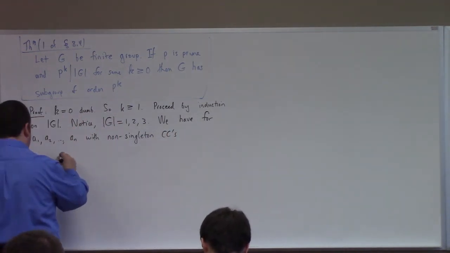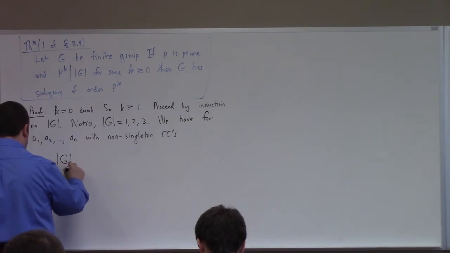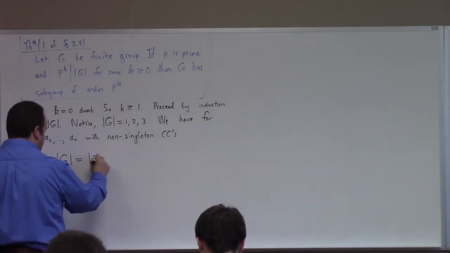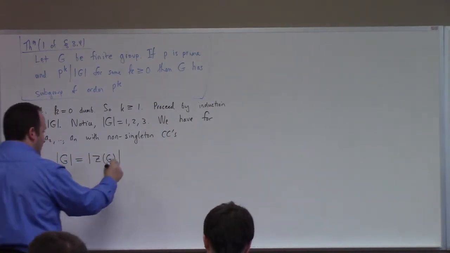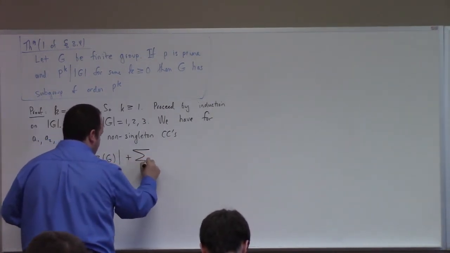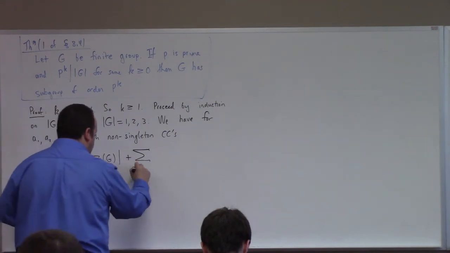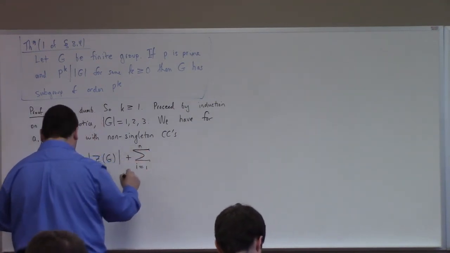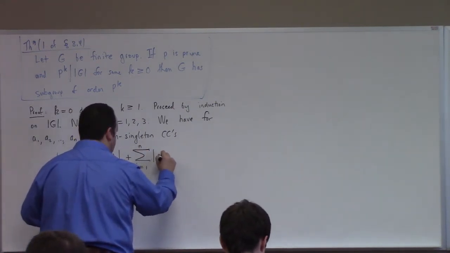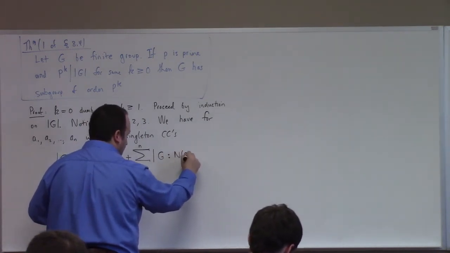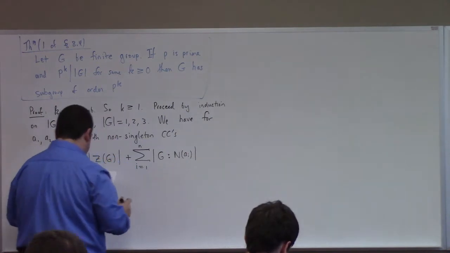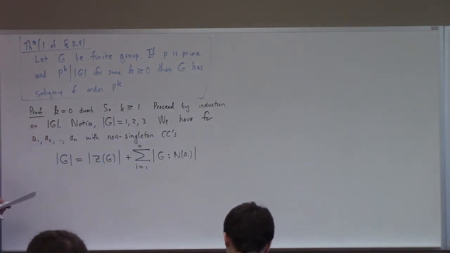We know that the order of G is equal to the order of the center of G plus the sum, i equals 1 to n, of the index of G by the centralizer of a sub i. I'm sorry, by the normalizer of a sub i.